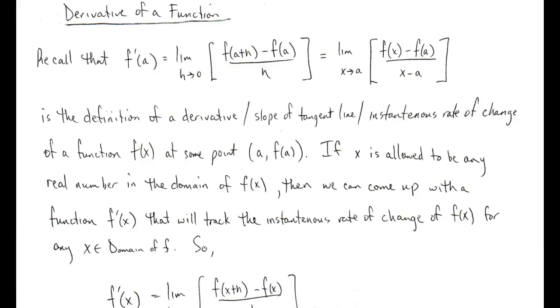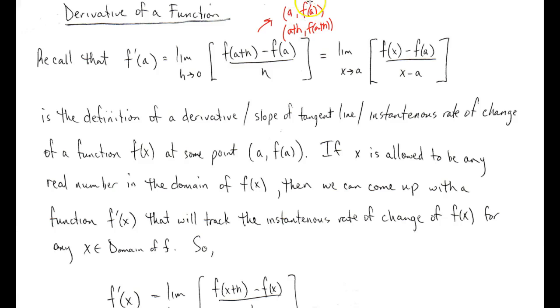f prime of a, which means the derivative of the function f at a particular x value a, is the limit of the difference quotient. I give it to you in one form where the x is a, a specific value of x that we're looking at. In this form, we want the point a, f of a, and the other point that we're looking at, a plus h, f of a plus h.